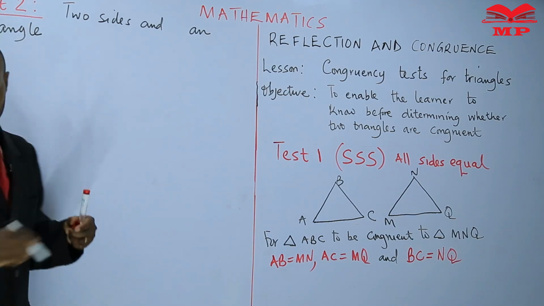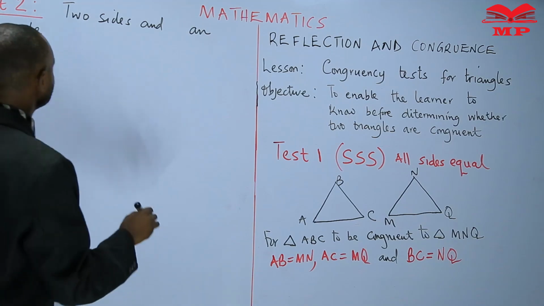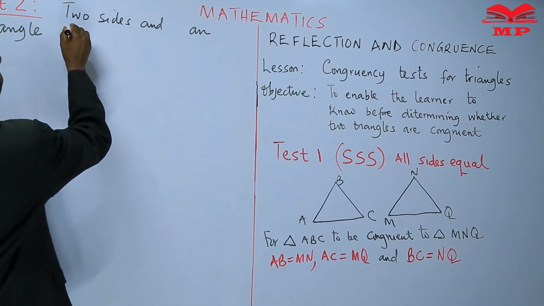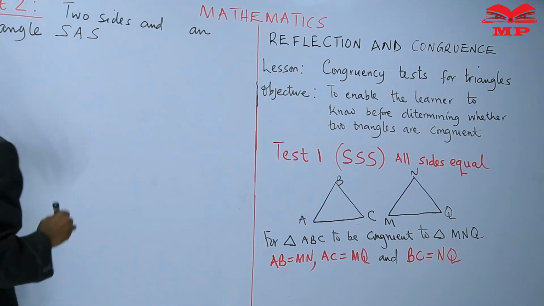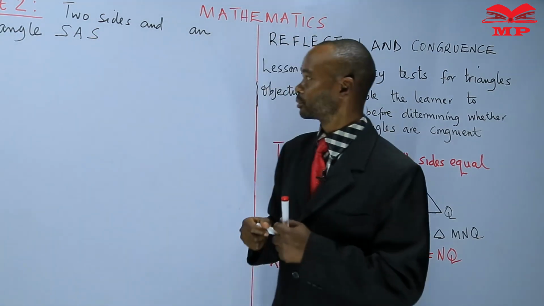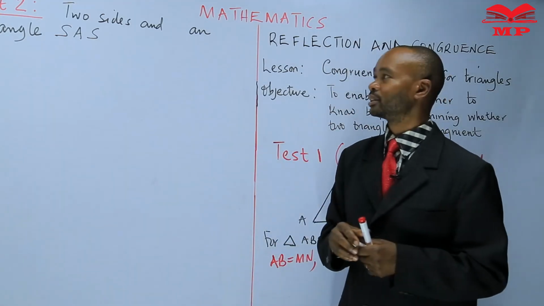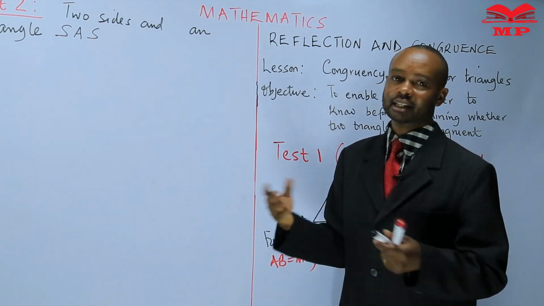Two sides and an angle. Some will write it as SAS. So for two triangles to be congruent, the corresponding two pairs of sides should be equal and an angle.